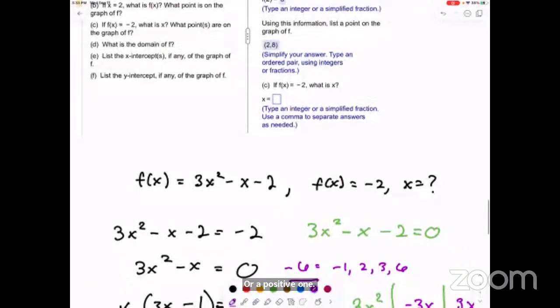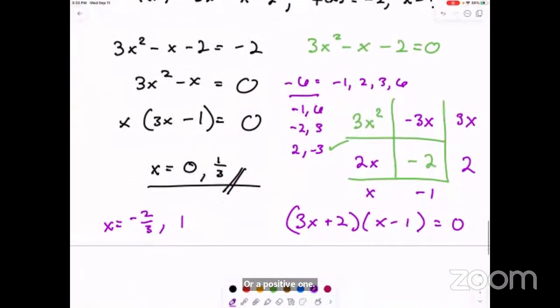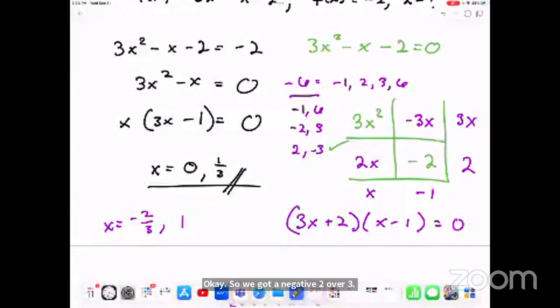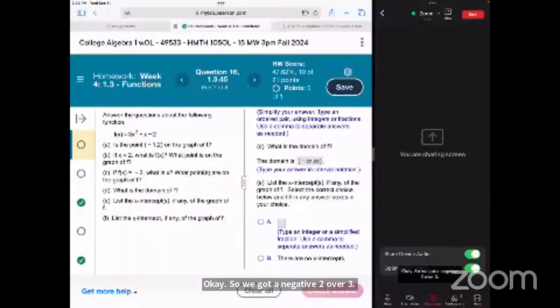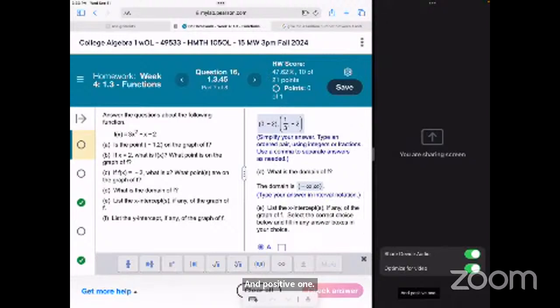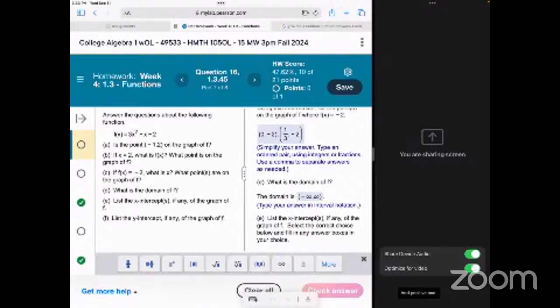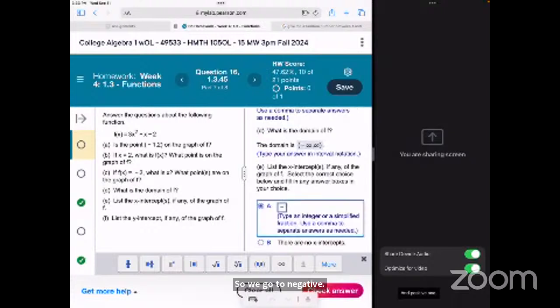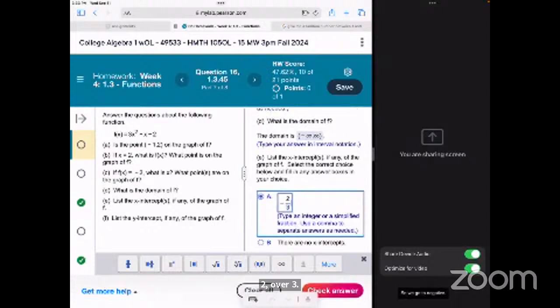Okay, so we got -2/3 and +1. So we got -2/3, comma, 1. Fractions use commas to separate the answers as needed.